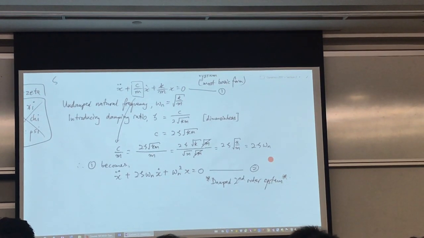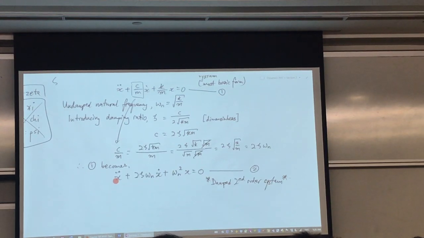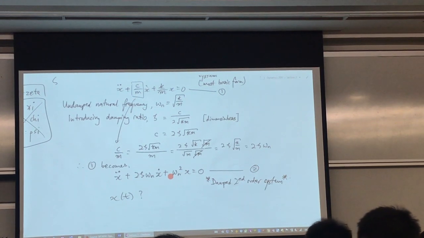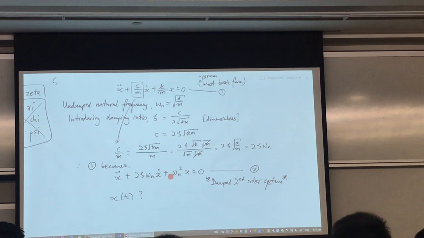So if I have this kind of second order differential equation, we always would like to find out what is x of t. That means we need to go about solving it by using a few mathematical tools. Your lecture notes gave you one format, using Euler's approach. I'll give you another approach using the Laplace transformation, so you can make a comparison.